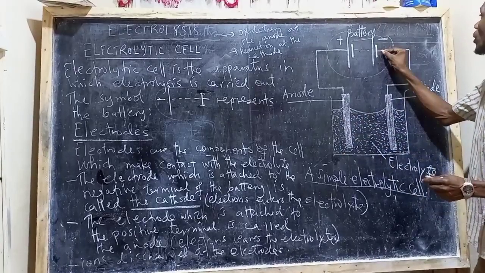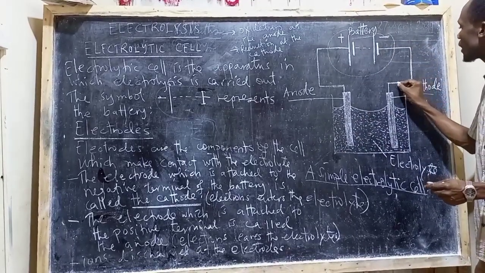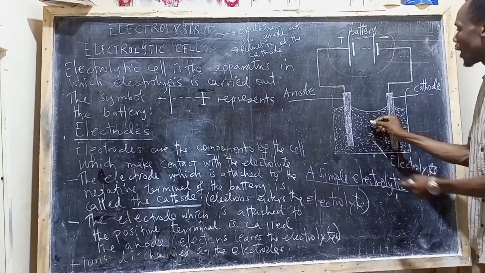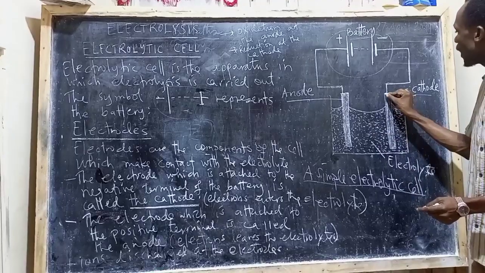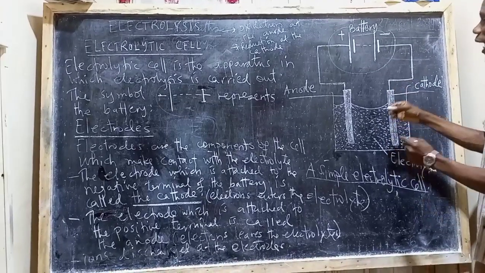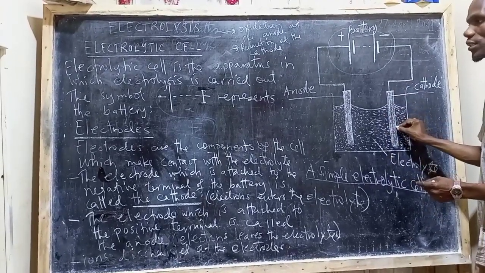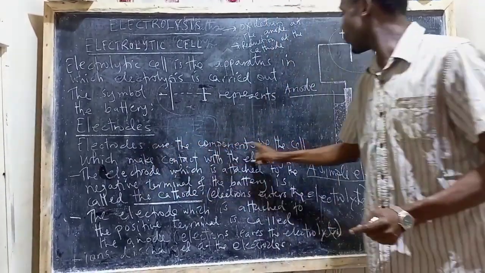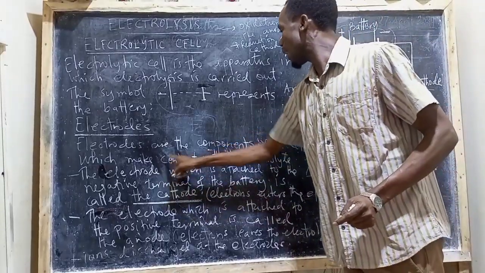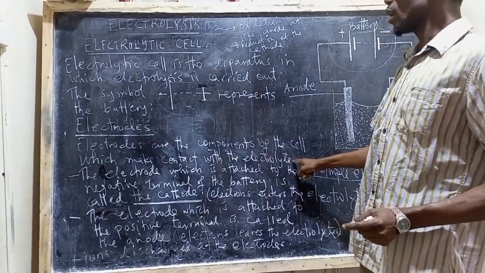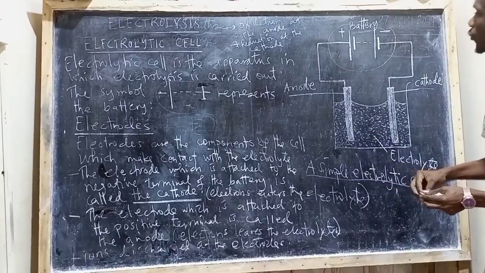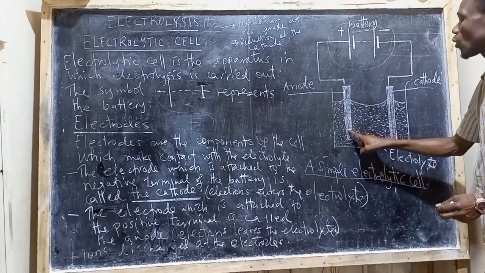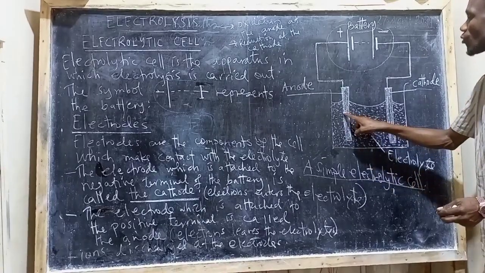The electrodes are in direct contact with the electrolytes. They are connected by the conductor to the terminals of the battery.